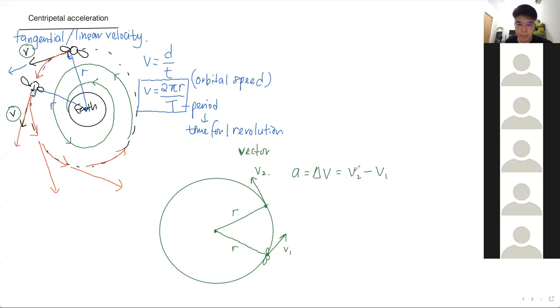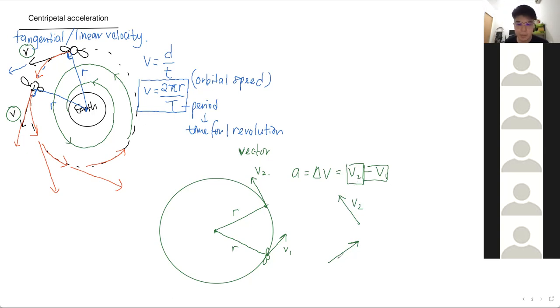Actually, for this v2, we just take the direction of it. v2 is facing this way, so I will draw v2 like this. v1 is facing this way. If you have a negative v1, then we invert the direction, because it's a negative vector.